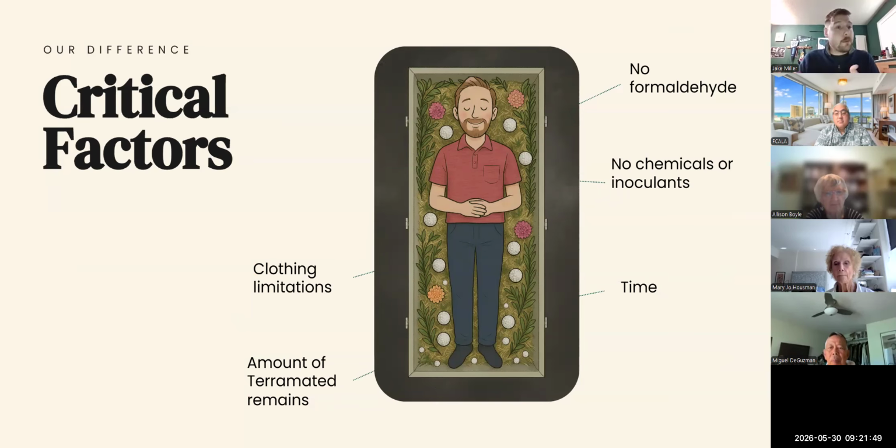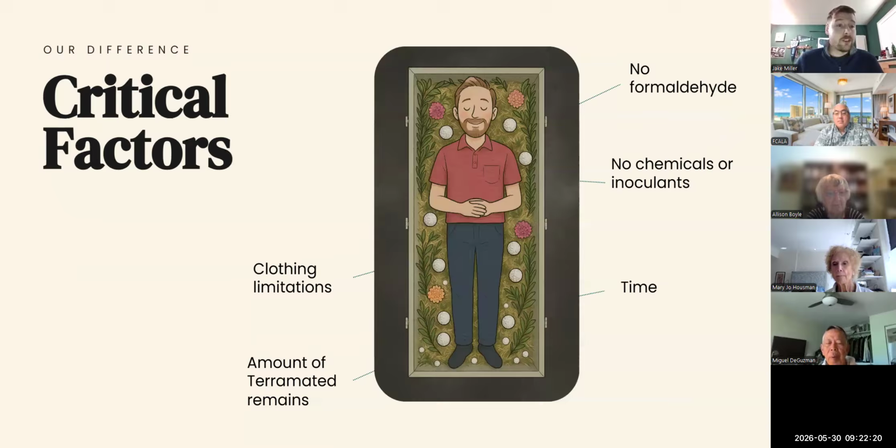If somebody has been embalmed, or if any type of formaldehyde has been used in that person's body, that's killing off all the microbes in the body, essentially stopping or freezing decomposition. We're on the other side of that spectrum, encouraging the natural decomposition process to return us back to the earth. So if somebody has been embalmed, it's nothing personal, but we cannot have that individual undergo terramation because it is the polar opposite of what we're encouraging.